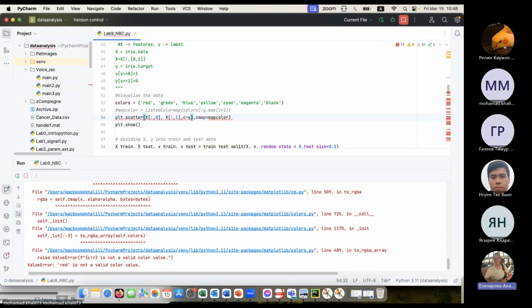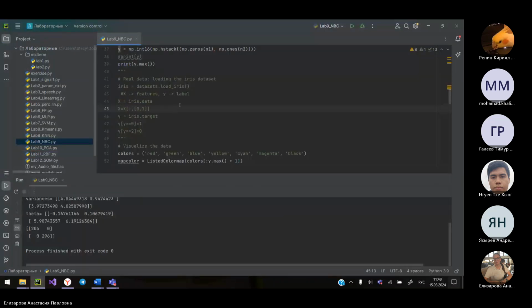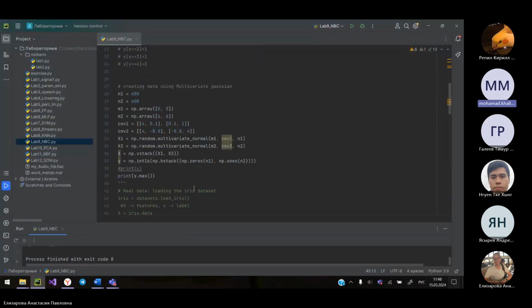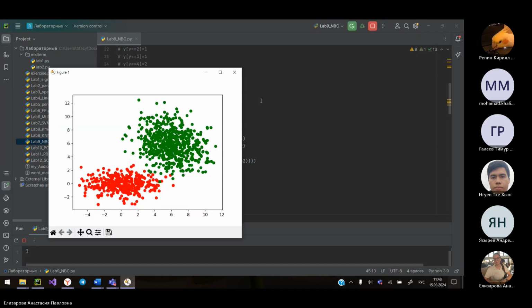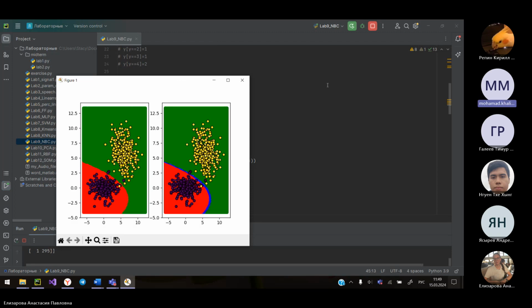It works for me. I can send a file. Can you share your screen? Yes, yes. Share your screen to see. Yes. So int16, np.vstack. Okay. y.max? Yes, great. This is what I want to show you.